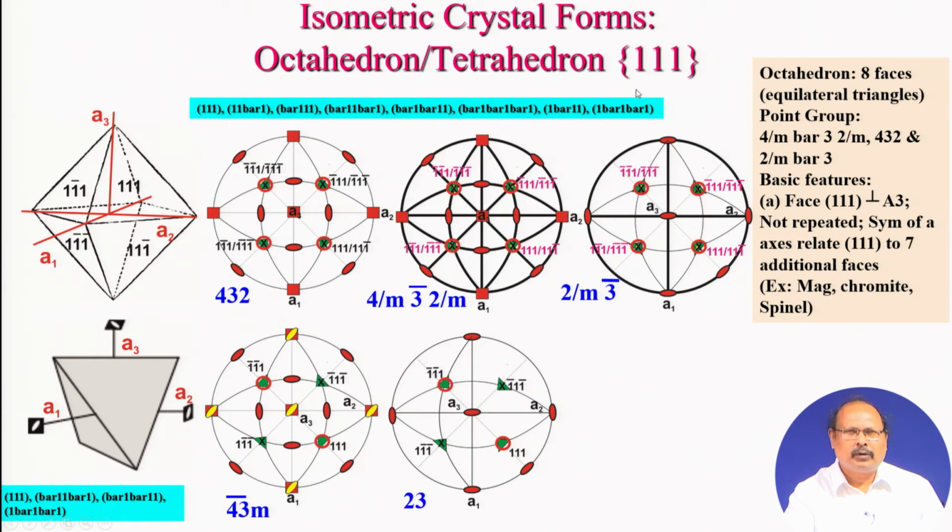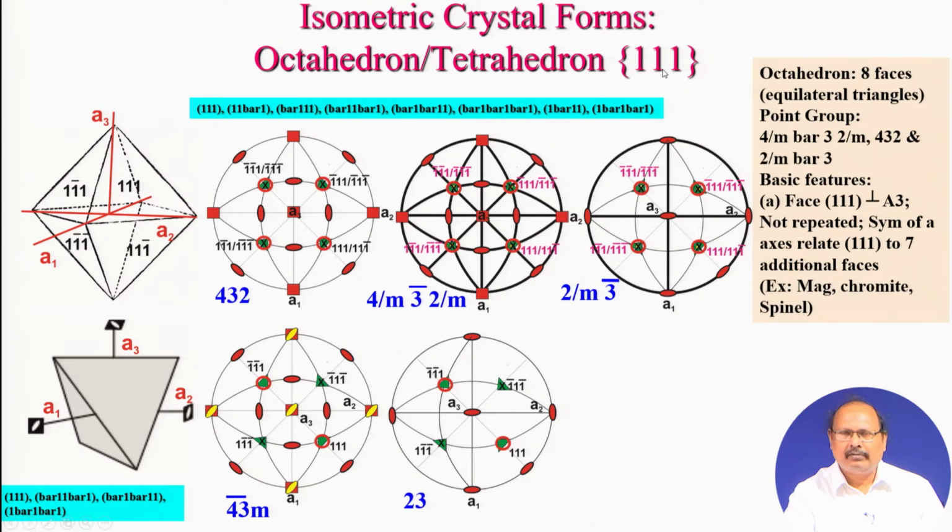Now, 1 1 1 is a crystal face which is perpendicular to a direction which has the symbol 1 1 1. That is, 1 1 1 in square brackets is a direction, essentially a crystallographic axis, and that crystallographic axis is a triad.